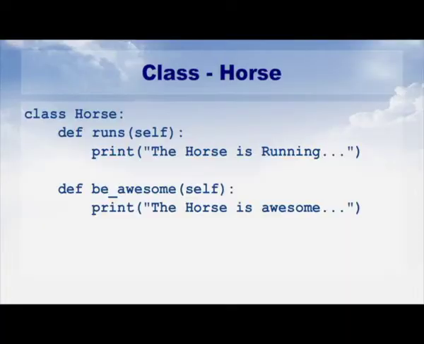So, in this slide, please see that we are creating a class by the name horse. We use the keyword class, followed by horse. Horse is the user defined name that we give. In this case, we are calling it horse, which refers to the real world entity horse.